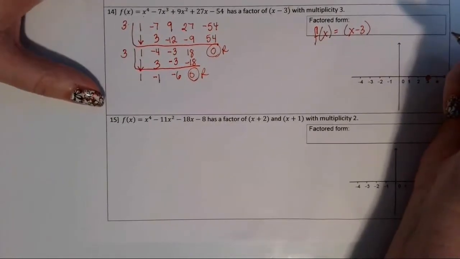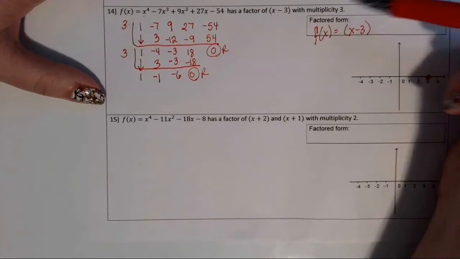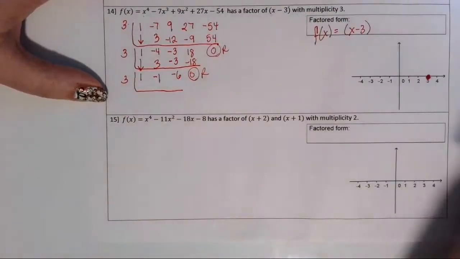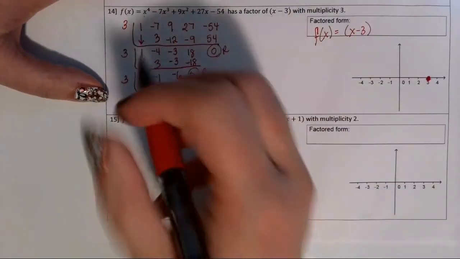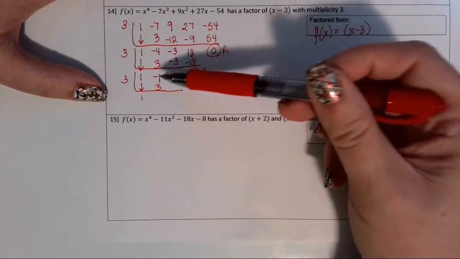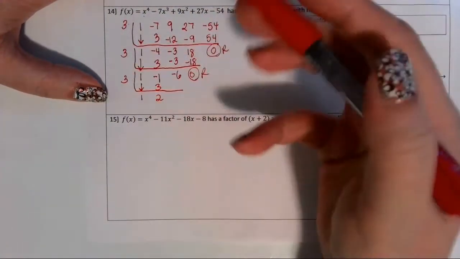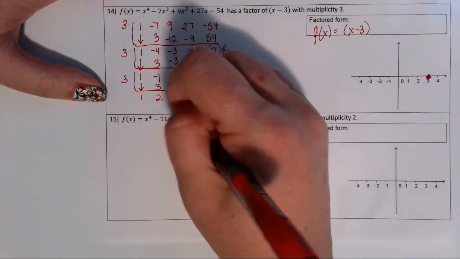And now we're going to do it again because that factor of x minus 3 had multiplicity of 3. So using a divisor of 3 one more time, we bring down the first term and multiply. 1 times 3 is 3. Add those together. Negative 1 plus 3 is 2. Multiply. 2 times 3 is 6. Negative 6 plus 6 is 0.